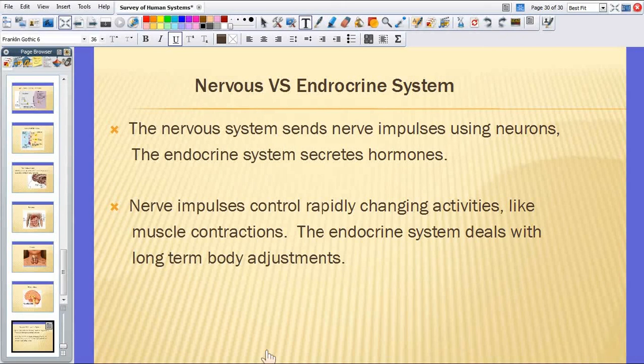It sends hormones throughout the body, but in this case it works to get a slow body response. Nerve impulses control rapidly changing activities like muscle contractions. The endocrine system is going to deal with long-term body adjustments such as homeostasis and growth. This is the end of the endocrine system and the human body system survey.